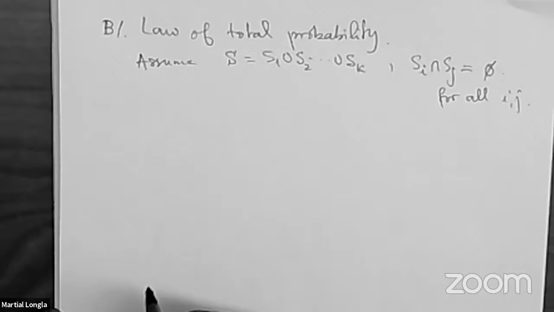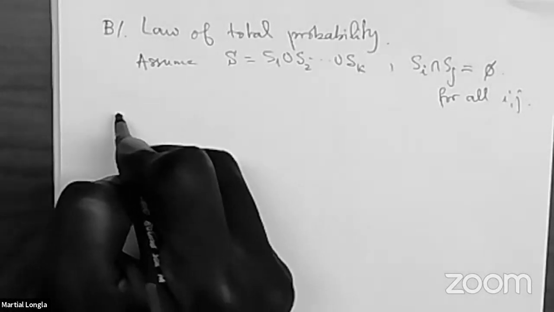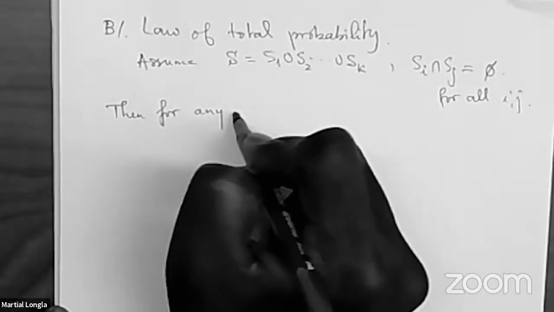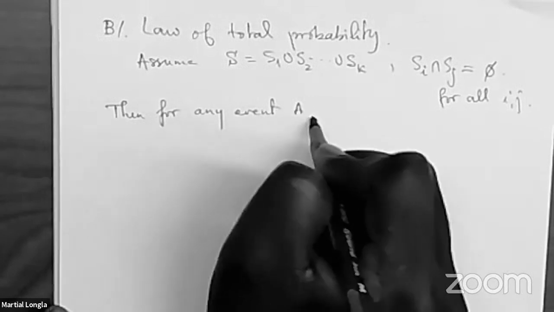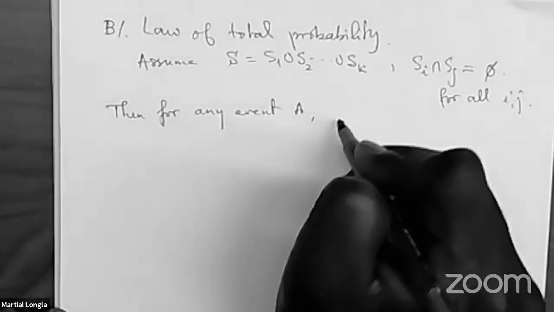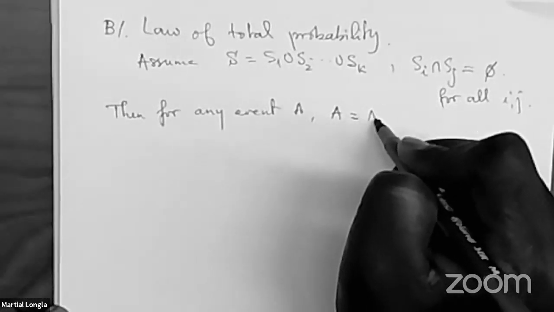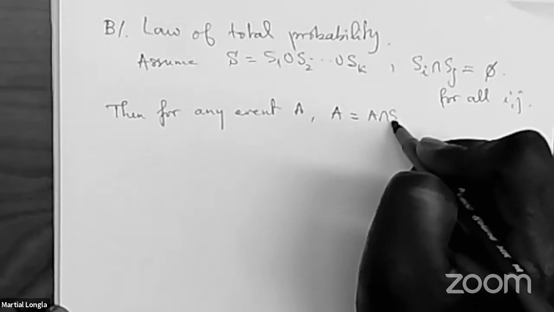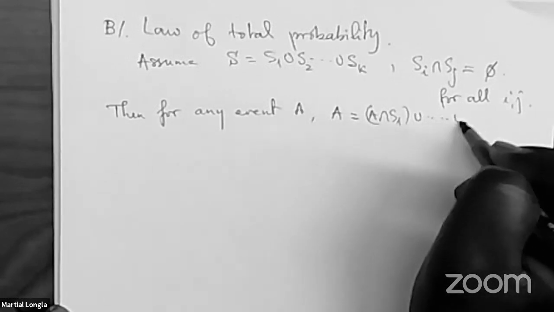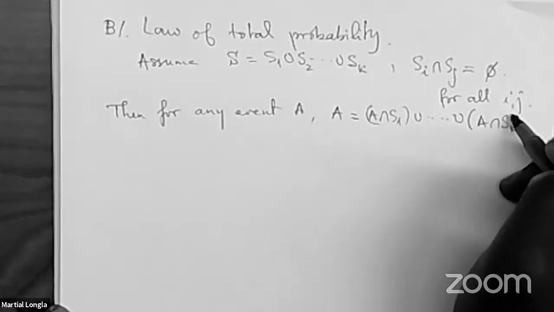If that is true, then for any event A, the probability of A is equal to A intersection with S1 union, and you take that union all the way up to A intersection with Sk.